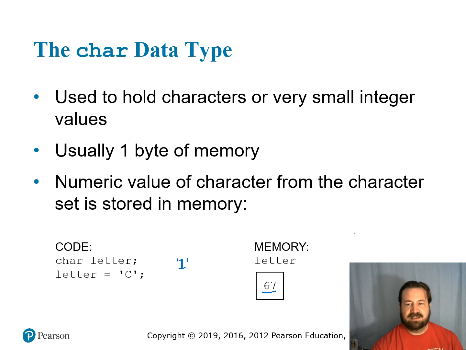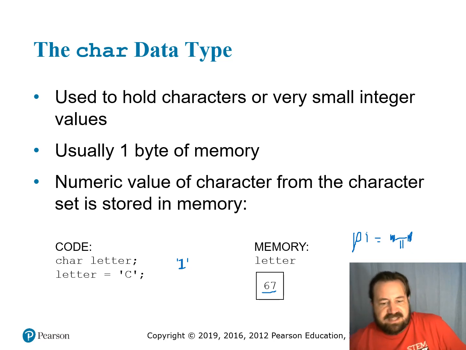You couldn't say character pi equals pi, even if you had that key on your keyboard. I should use single quotes, not double quotes. Because C++ doesn't know how to store this.